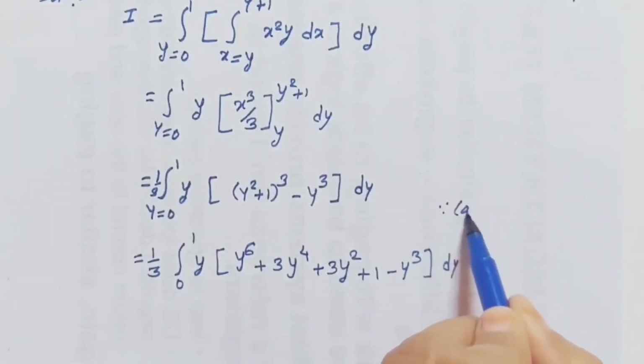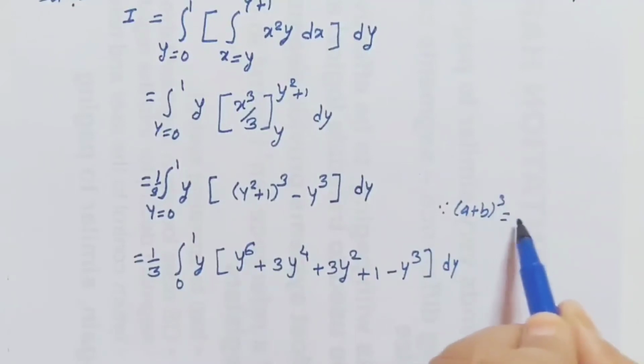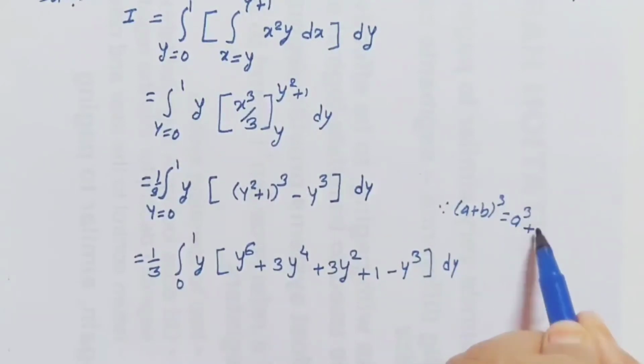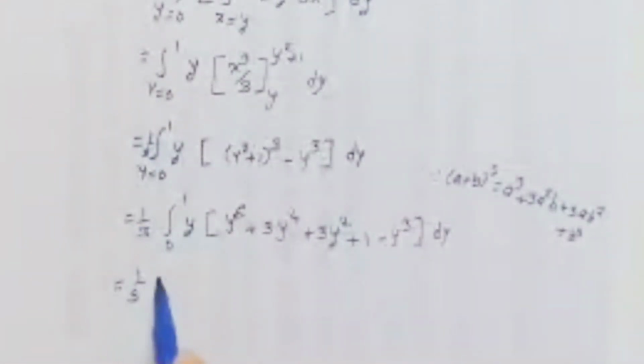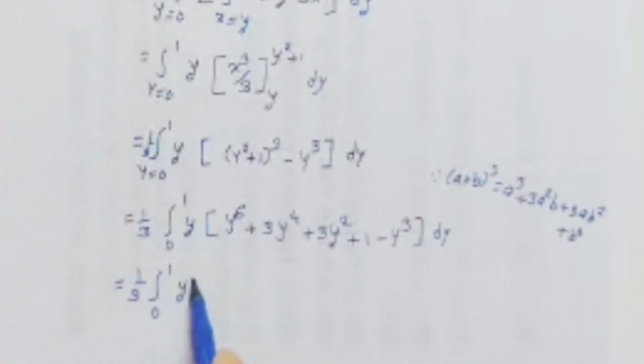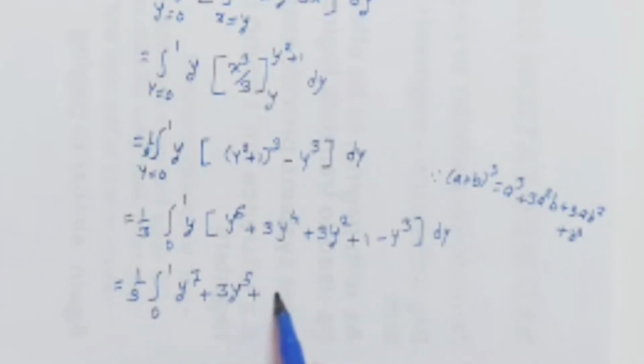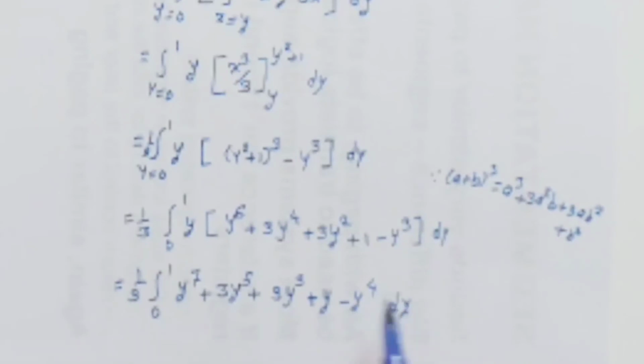Here see, a plus b bracket cube is equal to a cube plus 3 times a square b plus 3 a b square plus b cube. Now if we multiply by this y, then it is 1/3 integral 0 to 1 of y raised to the power 7 plus 3 y raised to the power 5 plus 3 y raised to the power 3, then plus y minus y raised to the power 4, into dy.